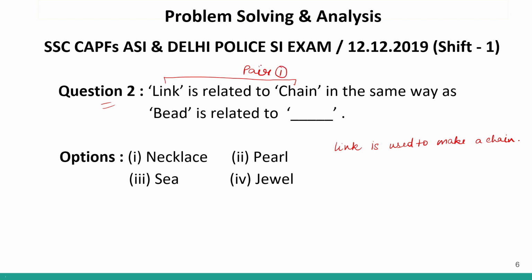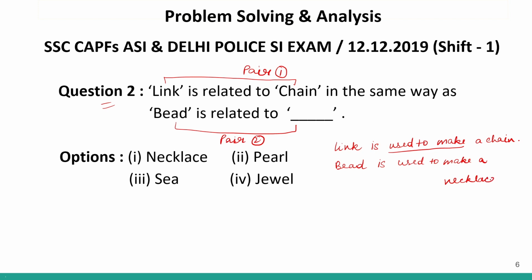We first analyze and find the logic used in pair 1 and then we use the same logic in pair 2 to identify the missing element. So in pair 1, the logic is that link is used to make a chain. Similarly, a bead is used to make a necklace.